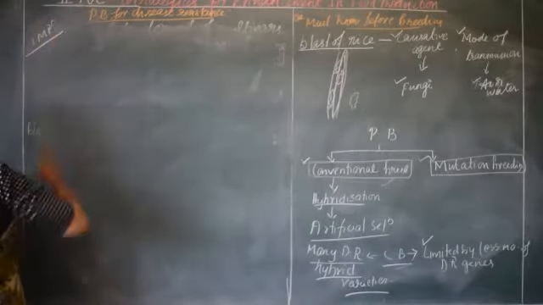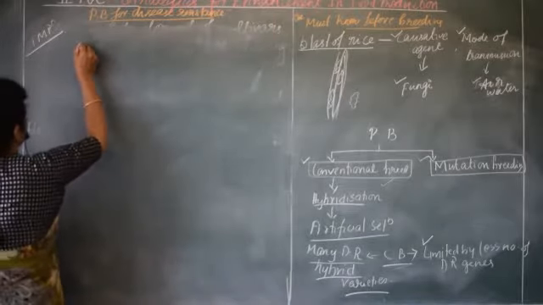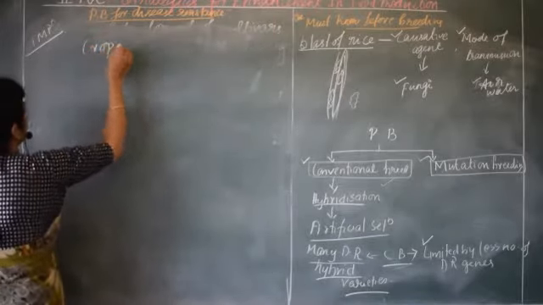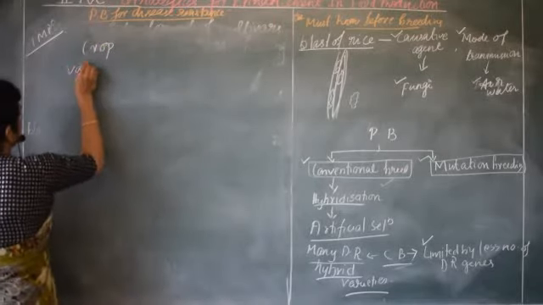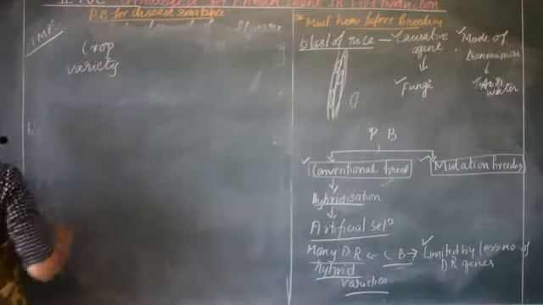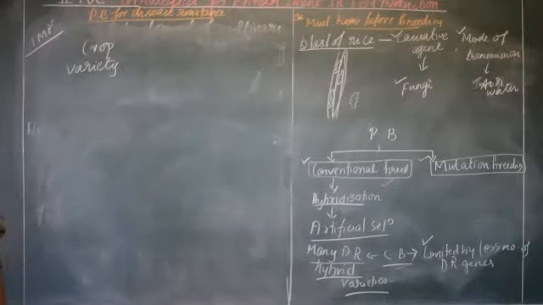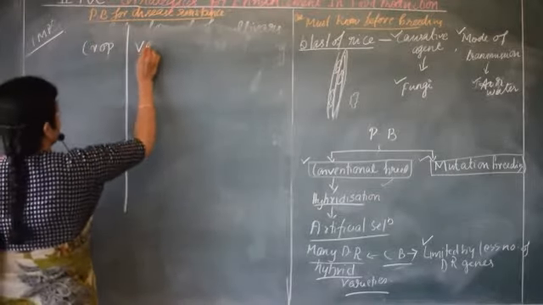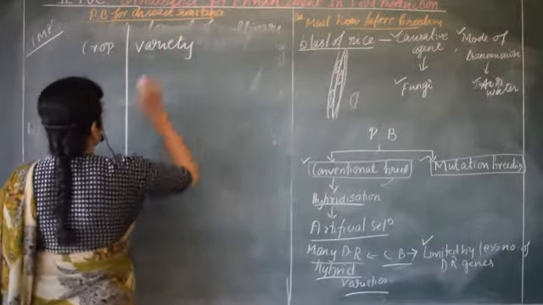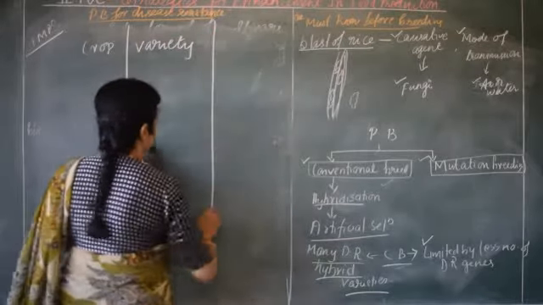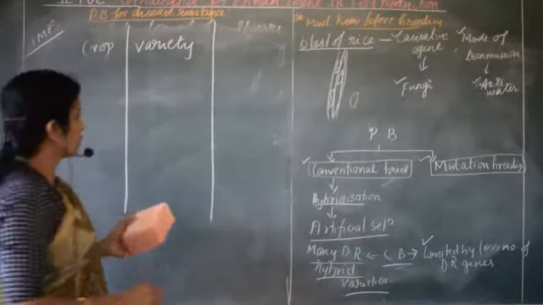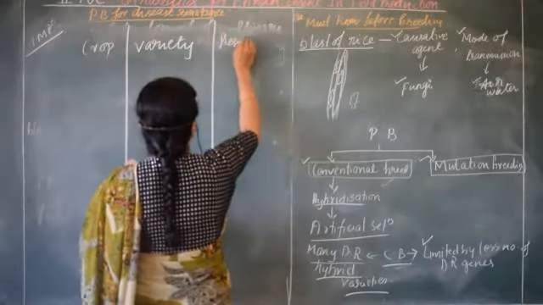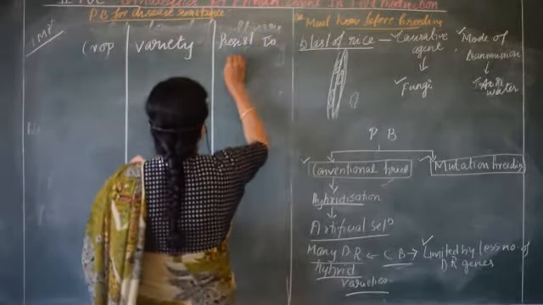In the table, first write crop, second variety, third resistance to diseases.